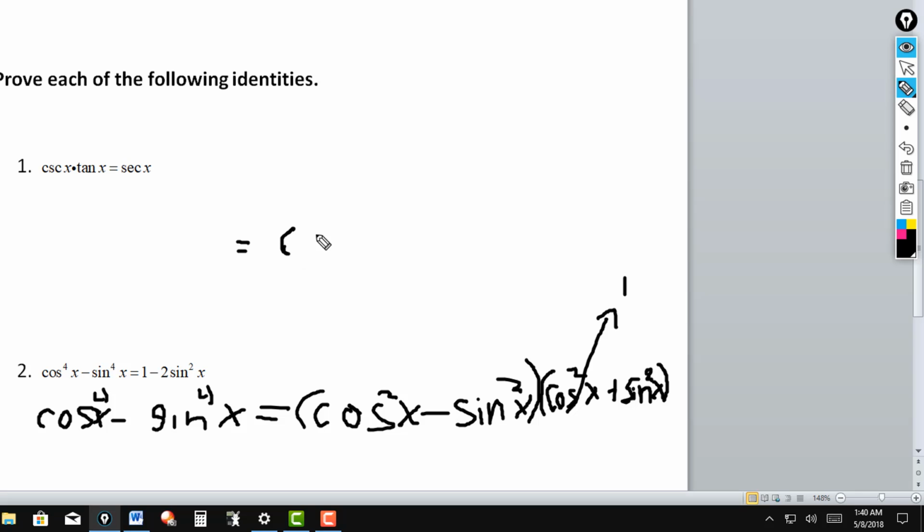So that's going to give me cosine squared x minus sine squared x.